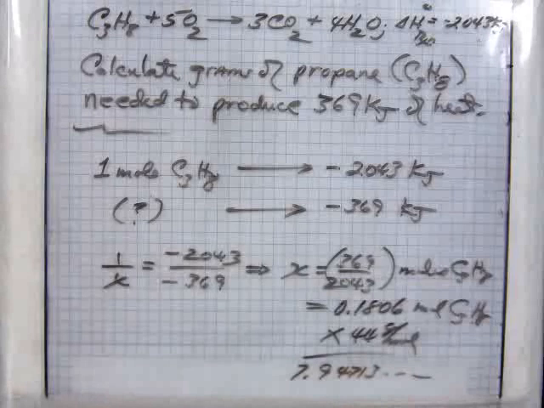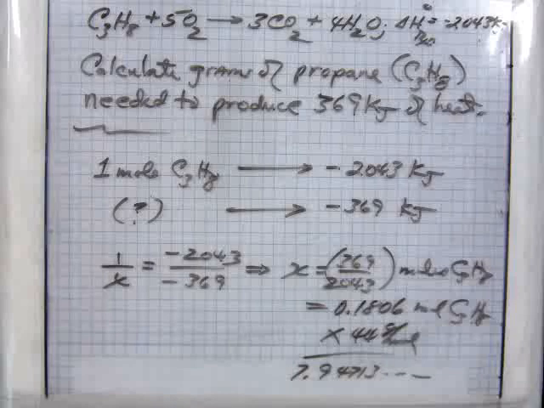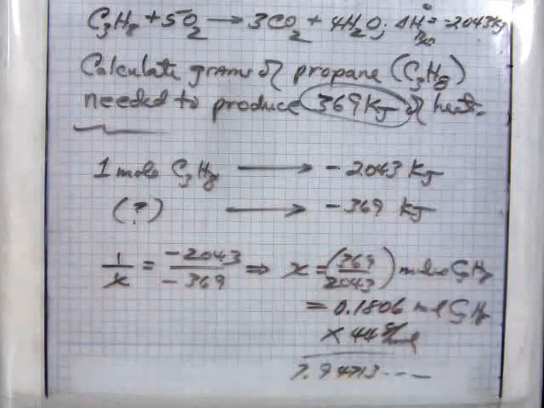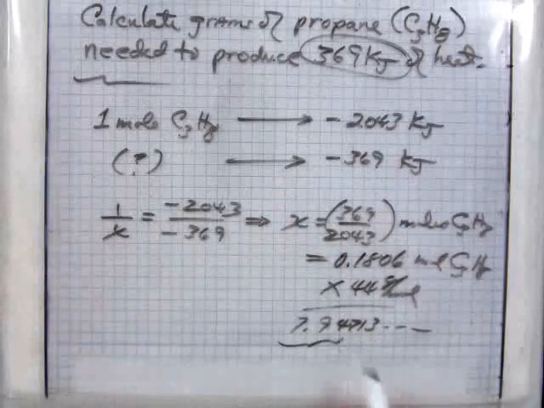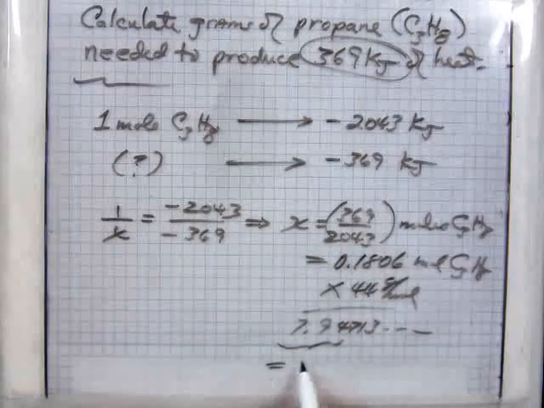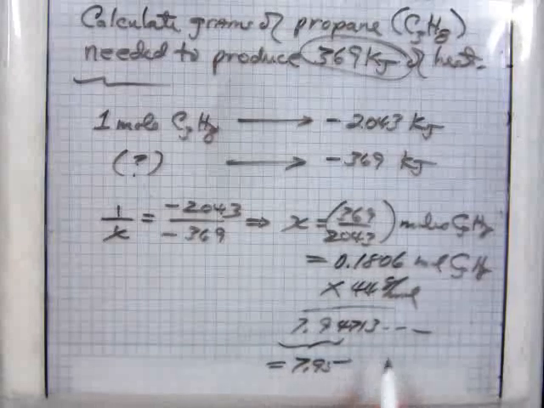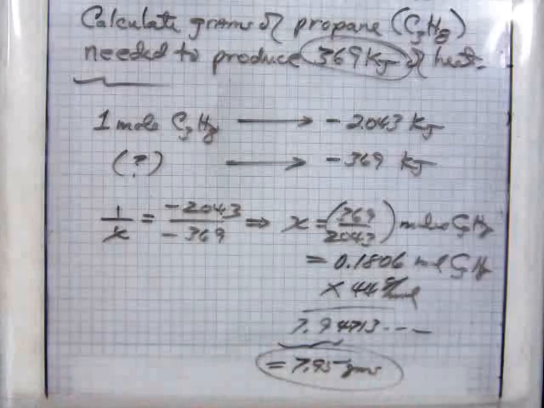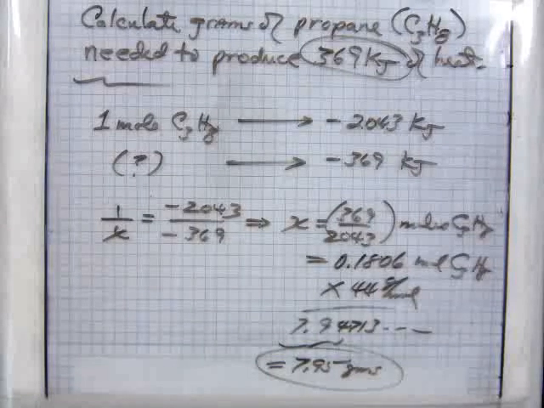Now, what governs the sig figs in this? It's the data. How many sig figs in that? 3. So this needs to be in 3 sig figs, so that would be 7.95 grams would be the appropriate answer for that problem.